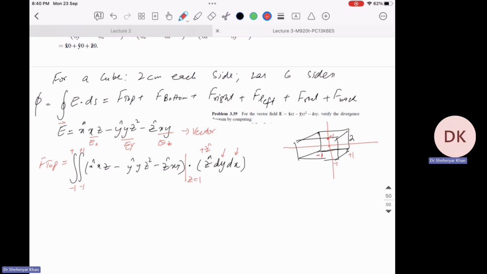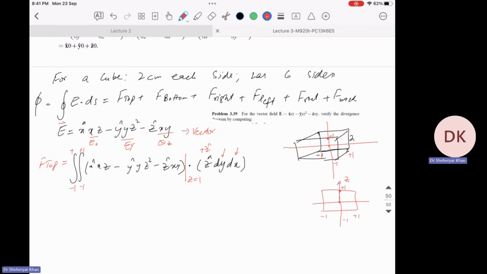Okay. Let me draw the one side. If this is your z-axis, right? So this should be 1. Okay.